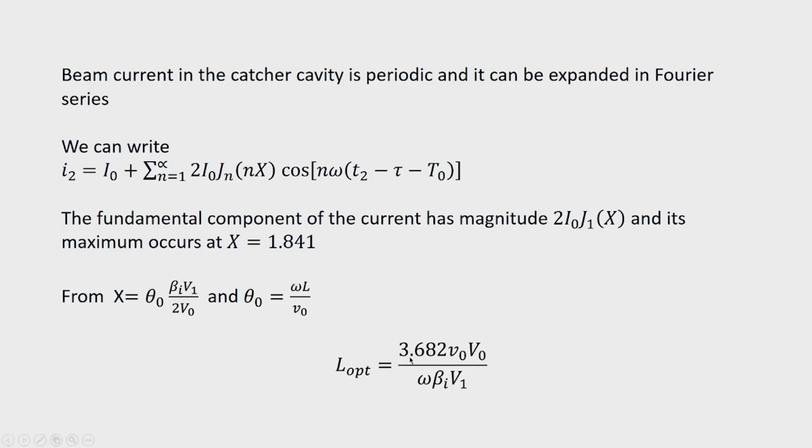This comes out to be 3.682 small v naught capital V naught divided by omega beta I V1. So, at this spacing we get the maximum bunching to occur at the center of the catcher cavity.